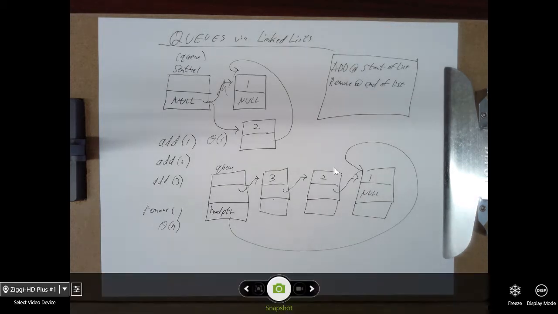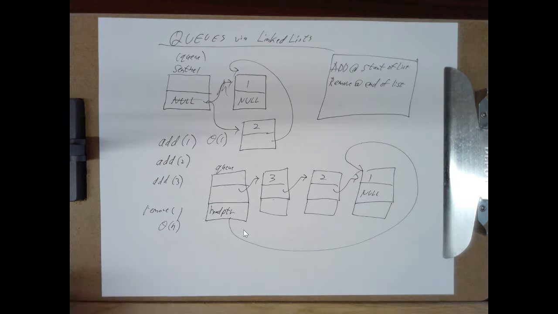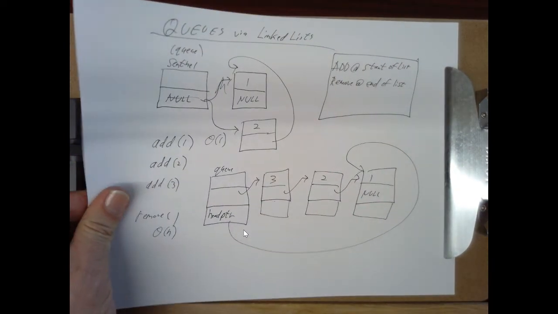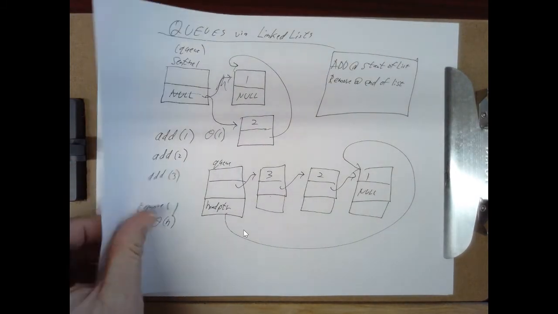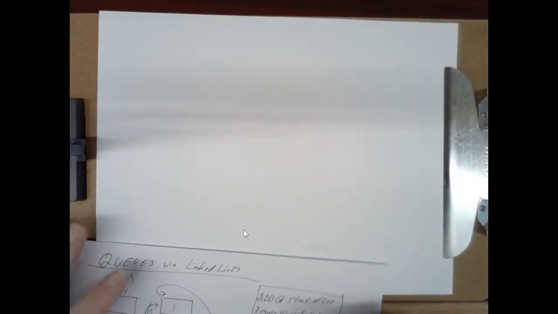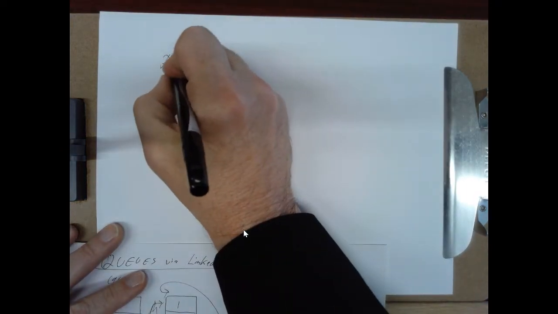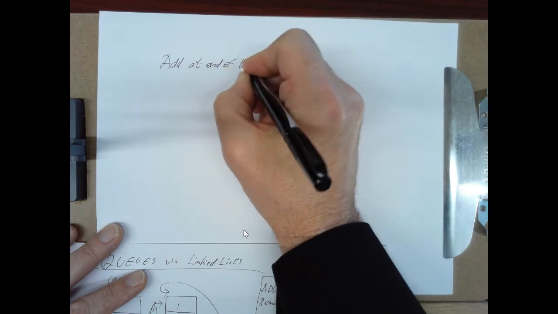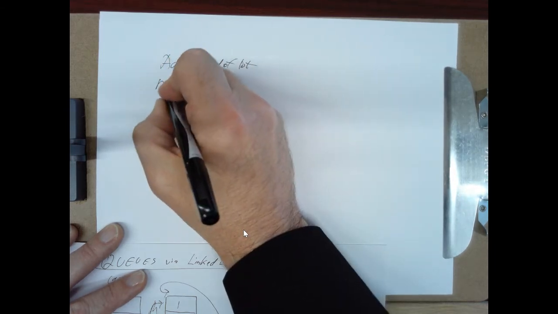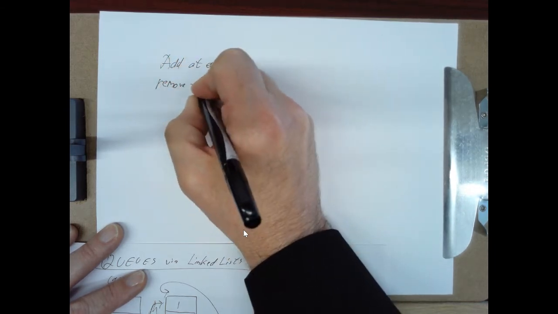So there's an alternative, and it may seem a little weird that this works, in the same way that mirrors flip things left, right, but not top, bottom, that kind of experience. So here's the idea. Let's add at the end of the list, and let's remove from the start.